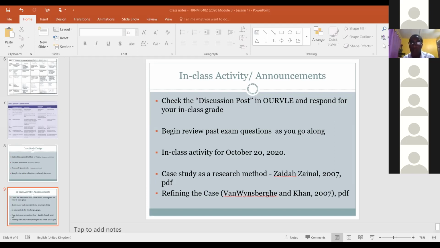COVID, for example, is a good example of a case study. And so even as HR, some of the decisions that we make, the decision for work from home, for example, right? These are some perfect examples.